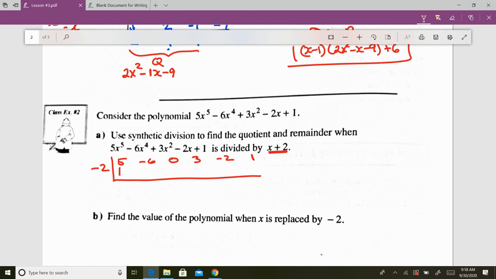First term drops down. 5. What do I do with that 5 now? Multiply it by negative 2 to get negative 10, which goes right below the negative 6. Add them again. You're always adding. Negative 16.